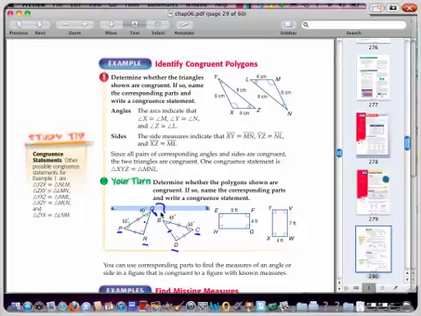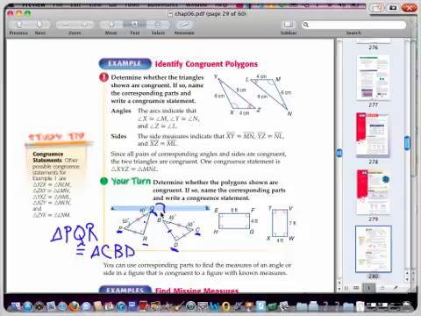And so as we write this out, we would say triangle PQR is congruent with triangle C, and then Q has to match up with B, so B, and then D. Okay, so CBD.